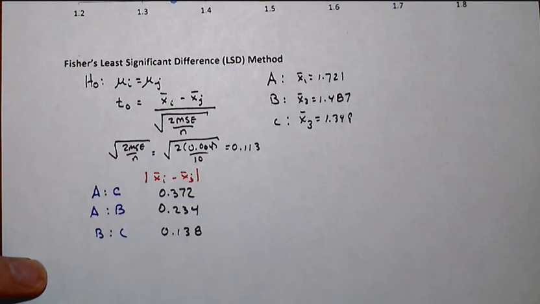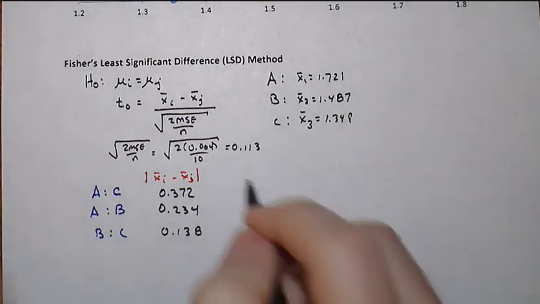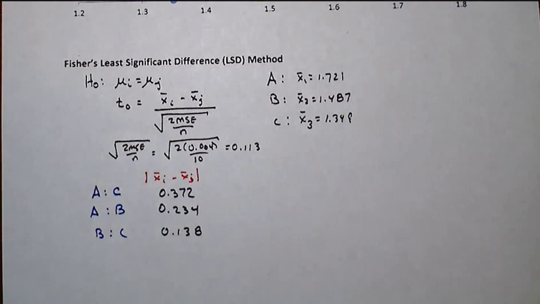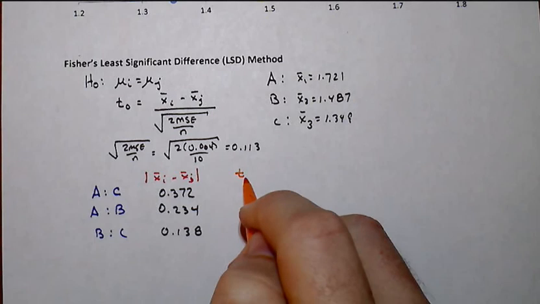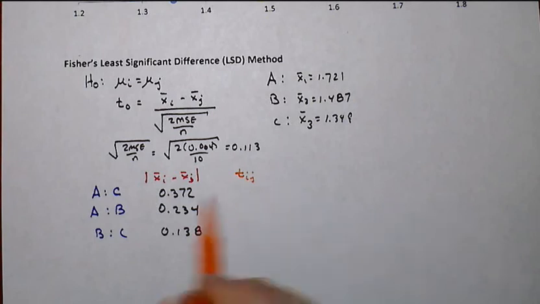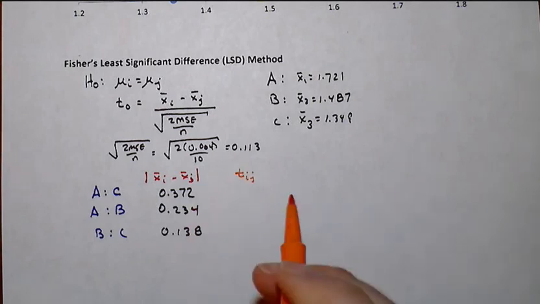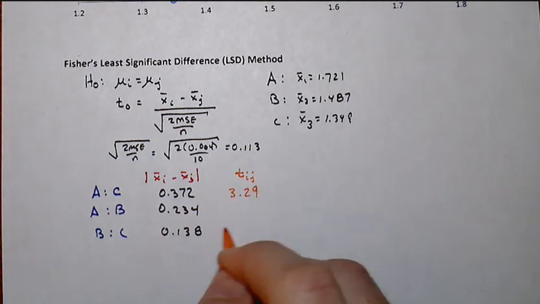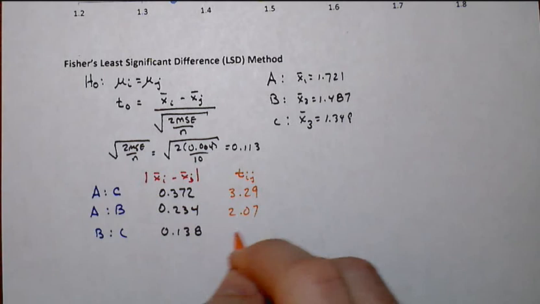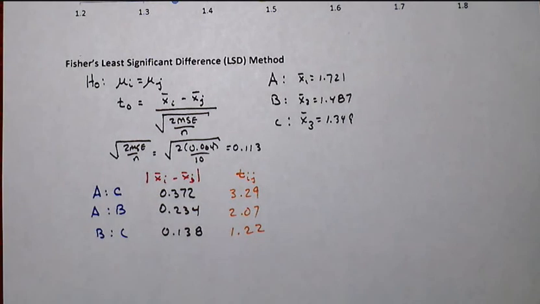Now the t statistic associated with each one of those, I'll call it t_ij, is going to be 0.372 divided by 0.113, so that's 3.29, and then 2.07 and 1.22. We want to compare that to the critical value.